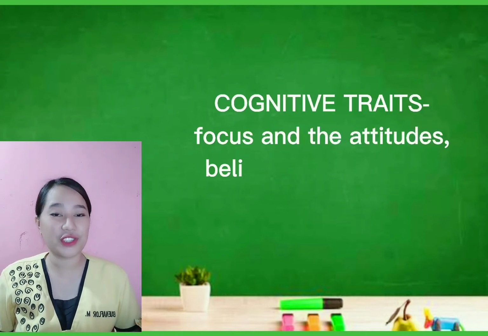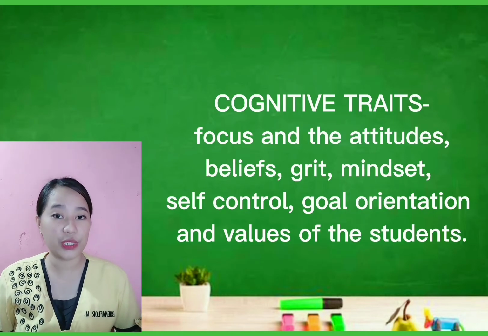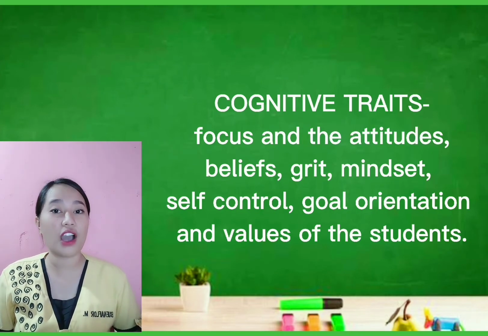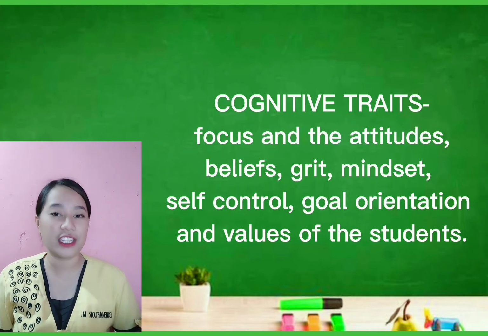Non-cognitive traits focus on the attitude, beliefs, grit, mindset, self-control, goal orientation, and values of the students. Particularly for the students, it focuses on the personality and characteristics, both interpersonal and intrapersonal.